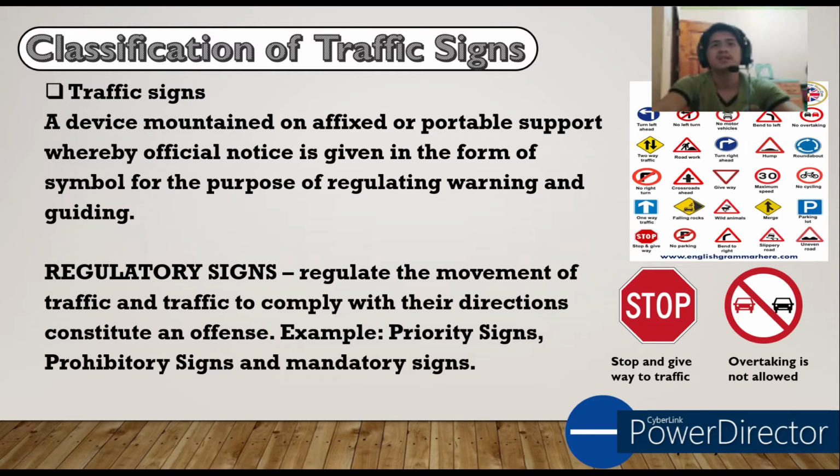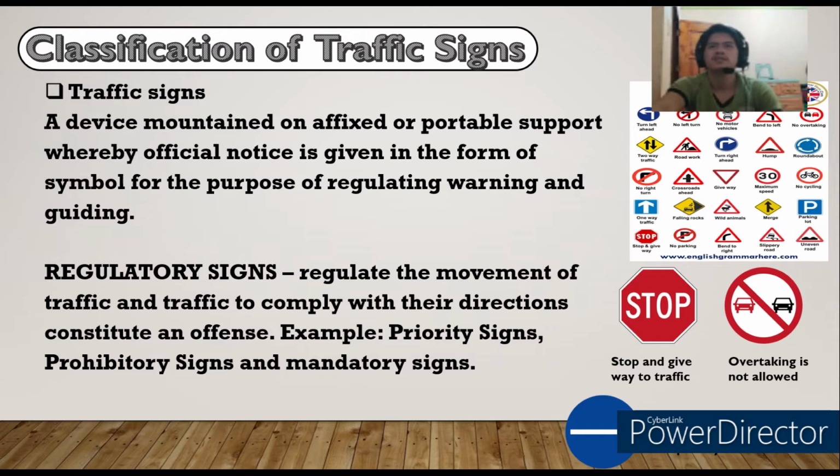These are the major classifications of road signs. First is the regulatory signs. Regulatory signs regulate the movement of traffic, and failure to comply with their direction constitutes an offense. Regulatory comes from the word regulation, which means law.